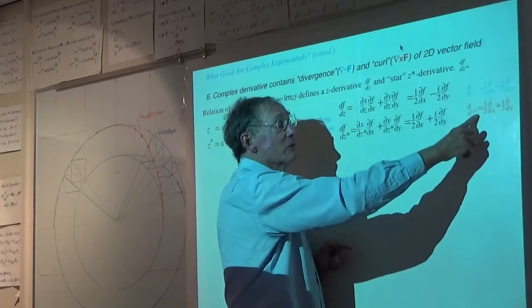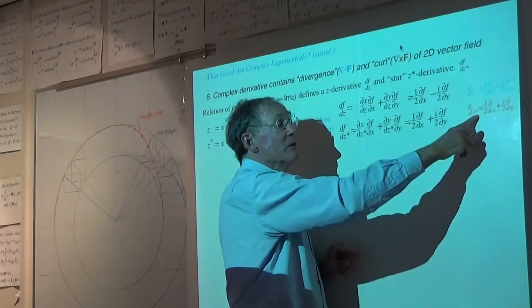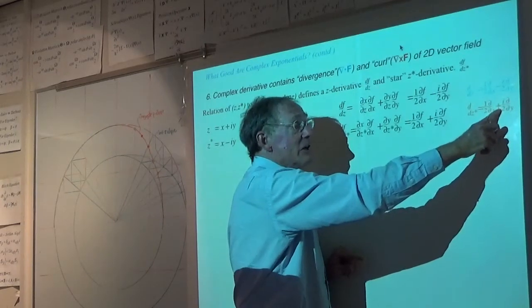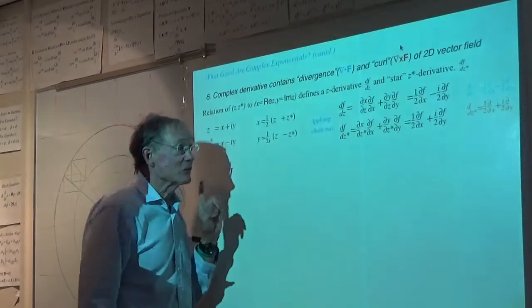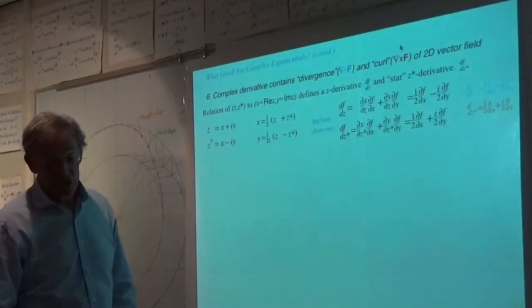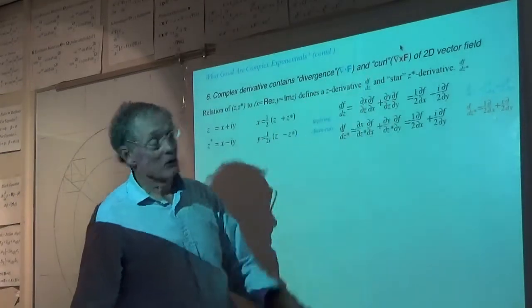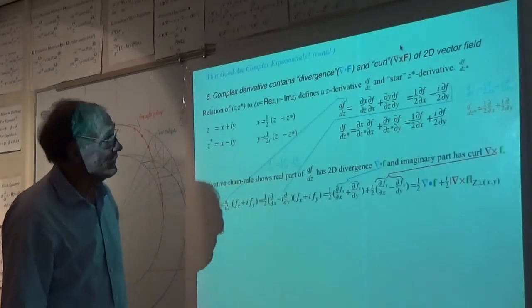The derivative with respect to z star is simply this thing with a sign reversal, which makes a plus sign. But that 1/2 is very important. We're going to see what that does to our physics of divergence and curl as we go through this.